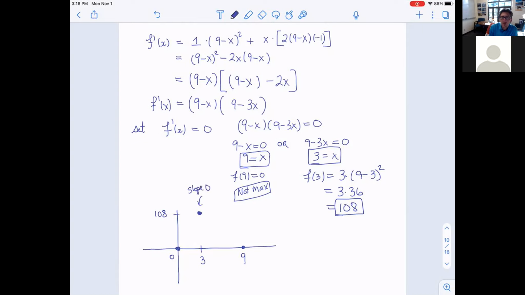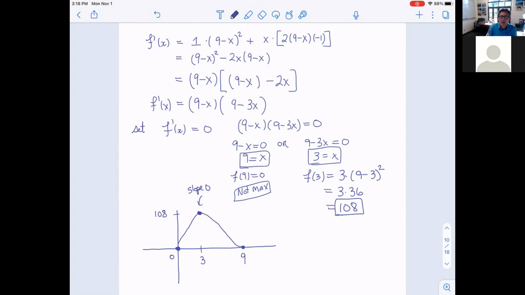And so if you think about what could possibly happen, because this is a nice polynomial function, it has to go up until it gets here. And since it has slope 0, it has to just come back down. Just common sense tells us that in order to get up there, it has to come back down.